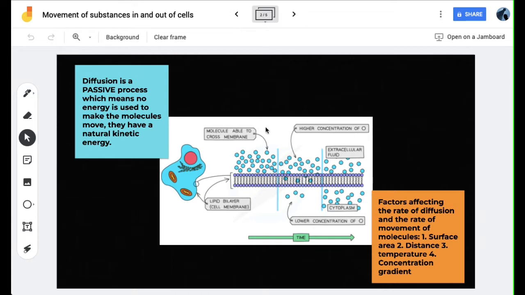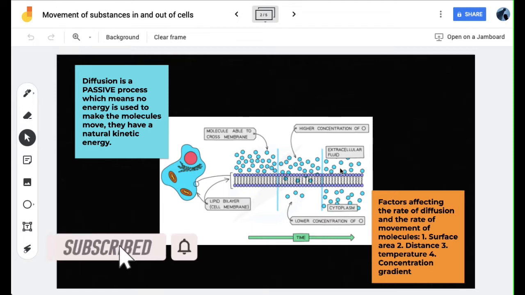You will notice from this image that as time goes by, the movement of particles is from greater concentration down to a lower concentration, to the point that they will reach equilibrium. It means that both sides will have the same concentration of oxygen in this case.